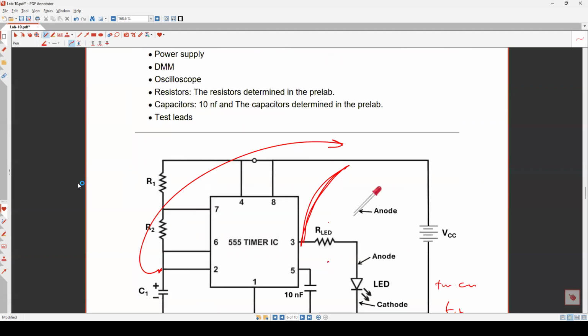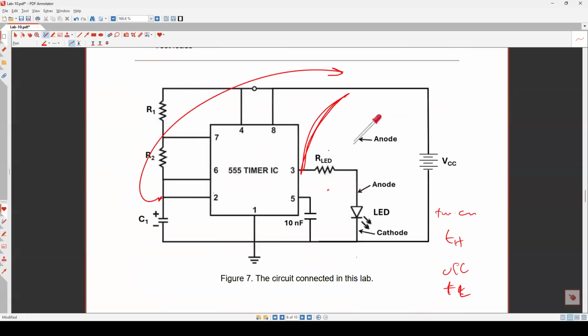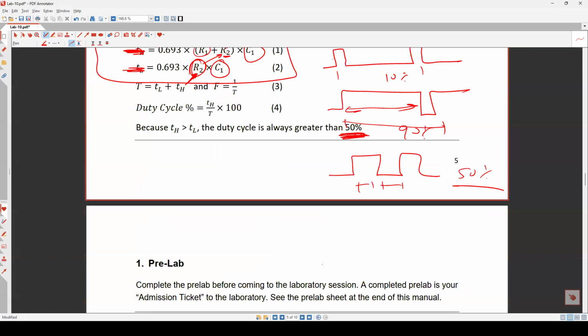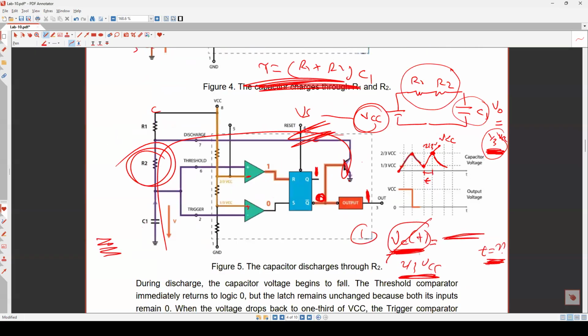One more thing which may not be a big deal: pin number 5, I don't need to use it here. However, you can either just not connect it, or put a capacitor here, because if you have any noise, I don't want it to cause disturbance.